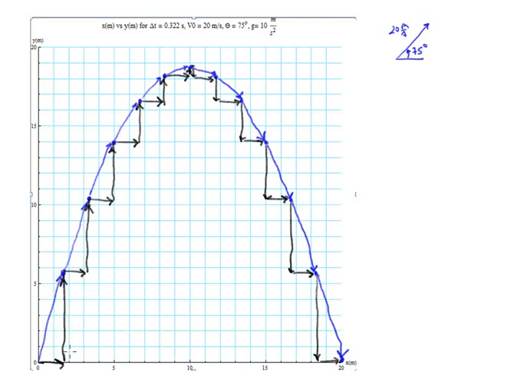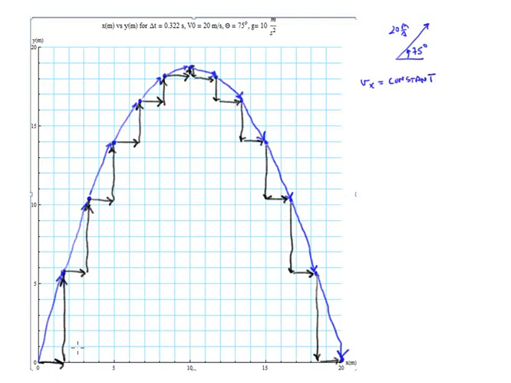When you look at all the x component vectors for each displacement vector, during this delta t of 0.322 seconds, you will see that all of these x displacement vectors are equal in length over this equal time period. And so the conclusion is that Vx is equal to a constant.